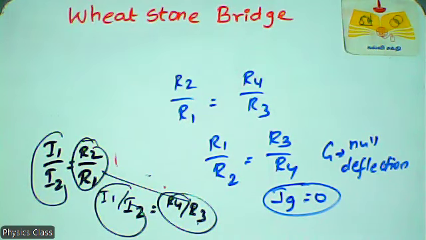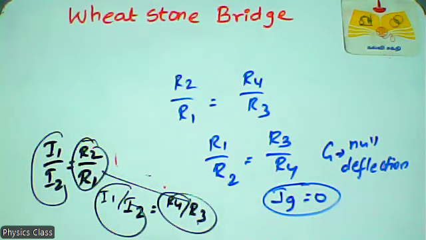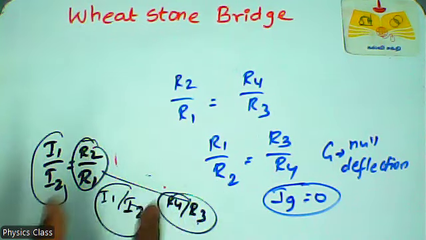In the Wheatstone bridge, there are four resistors R1, R2, R3, R4, four junctions A, B, C, D, and one battery with EMF E. Applying Kirchhoff's first rule at junctions B and D, and the voltage rule for loops ABDA and CBDC, we get R1 by R2 equal to R3 by R4, which is the condition for bridge balance.